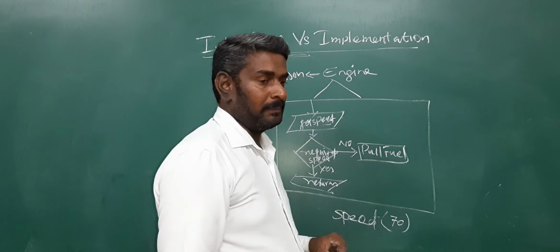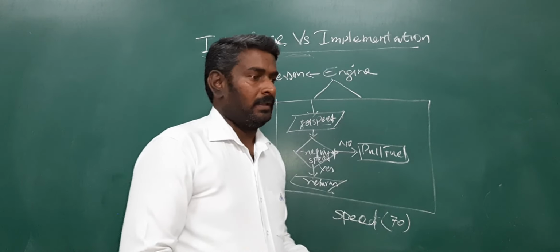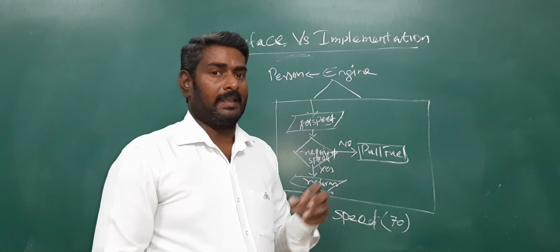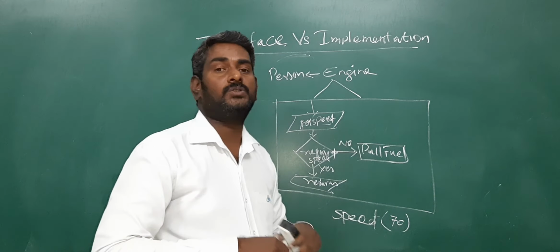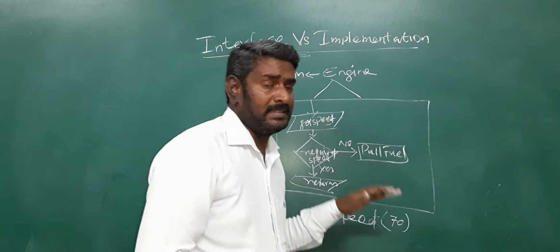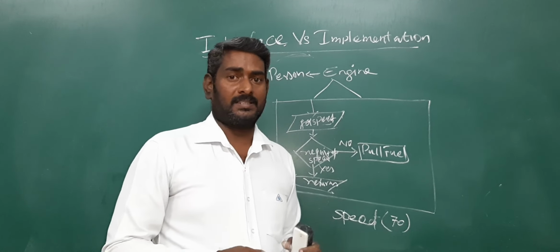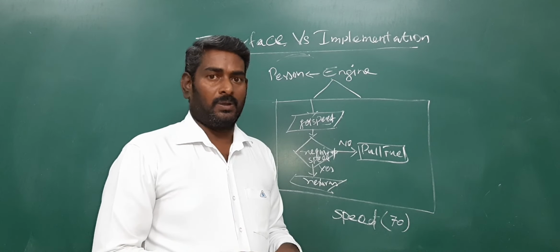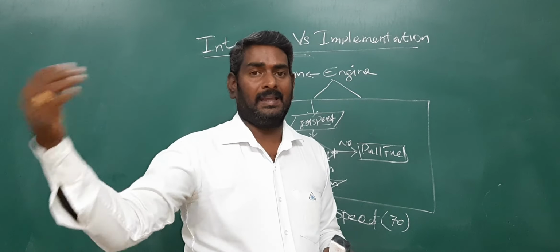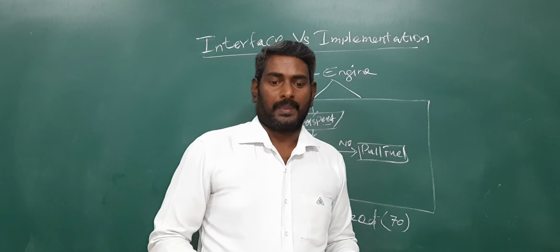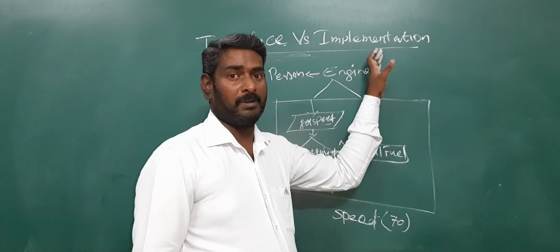In this example, the engine does all the work: the fuel, air pressure and electricity come together to create the power to move the vehicle. All these actions are separated from the driver because he just wants to go faster. So we always separate the interface from the implementation.